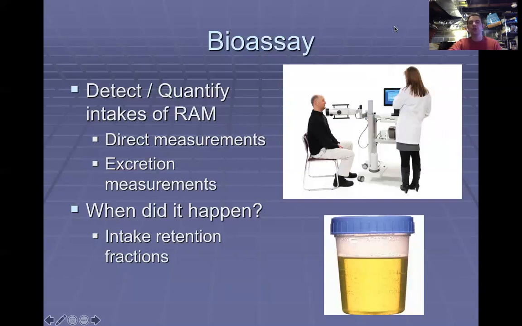Another type of specialty measurement that we take is referred to as a bioassay. So the purpose of this is to measure a potential uptake or intake of radioactive material that got inside someone's body. Now that could happen in the labs through someone using something like radioiodine.